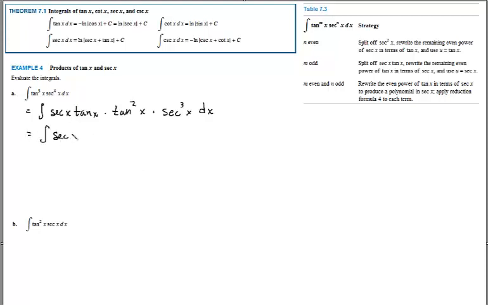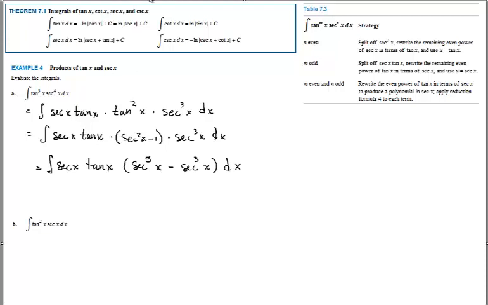So here's my du that I'm setting myself up with right there. And I'm just going to write this as secant squared x minus 1, just using my identity, and then secant cubed x dx. I will then distribute and then do my u substitution. So let me distribute. Alright, that's sitting pretty for me.